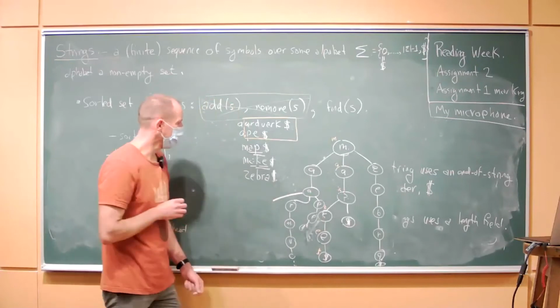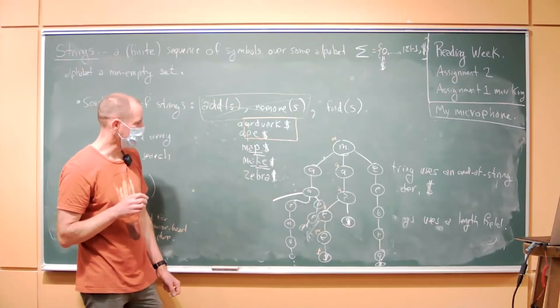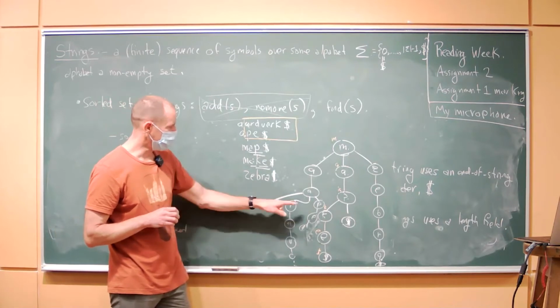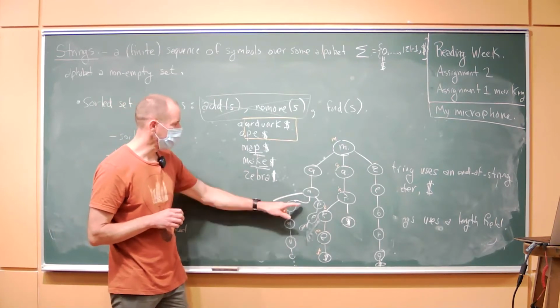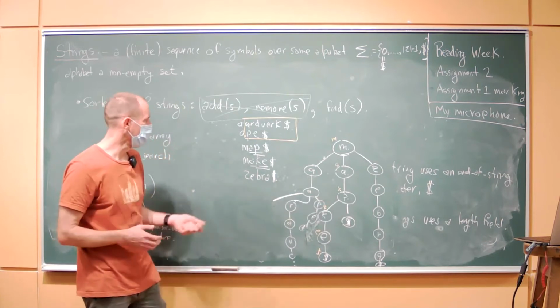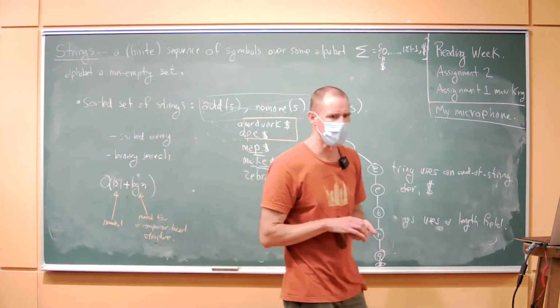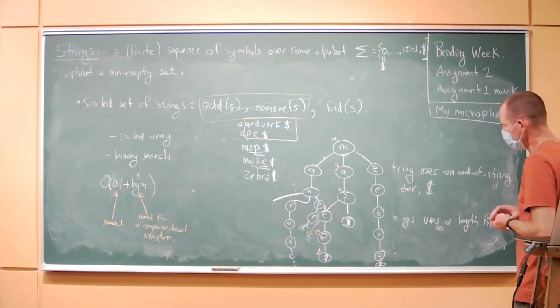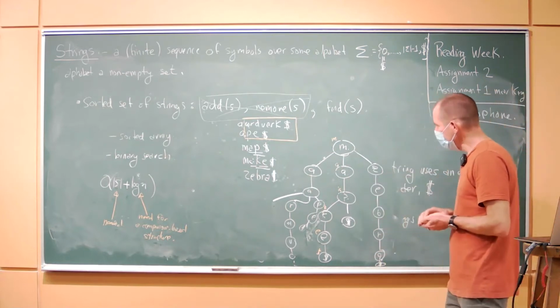I thought it was a left child. This is what happens when you do off-the-cuff examples. So this has no left child, has a middle child for all the strings that start with A, and a right child for the other strings, the strings that start with something bigger than A.